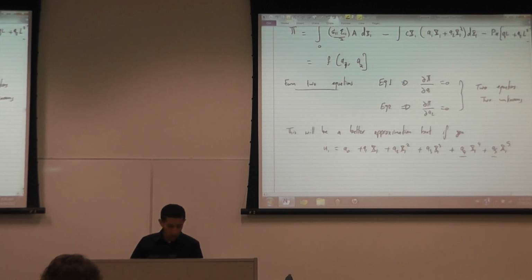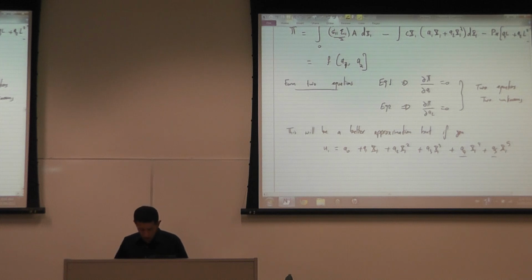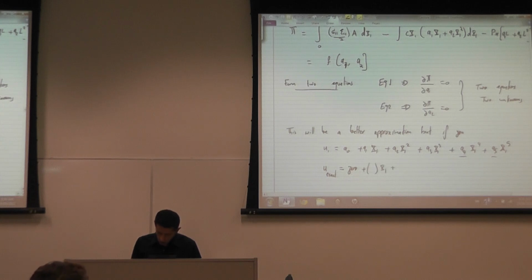Because the exact solution looks like this. The exact solution looks like this. Zero plus a constant multiplied by x1 plus 0 plus a constant multiplied by x1 cubed plus 0.